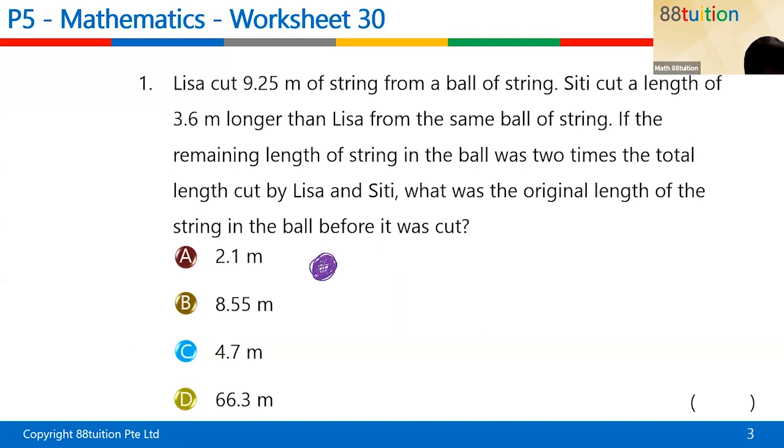What Lisa did is cut 9.25 meters of string here. And Siti cut a length of this one longer than Lisa, so it could be the same, but 3.6 meters longer. So this one is by Lisa, by Siti.